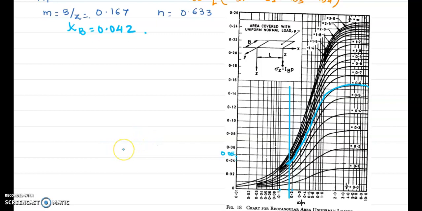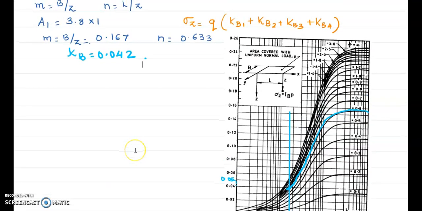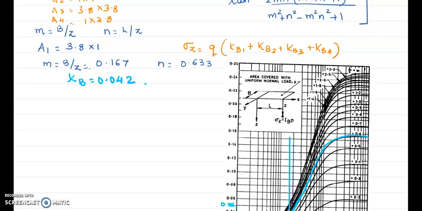So likewise, it is very easy for me to get the value of this influence factor for all the other areas. Let's say my second area is 3.8 by 3.8. So my M becomes 0.633 and N also becomes 0.633. Correct?